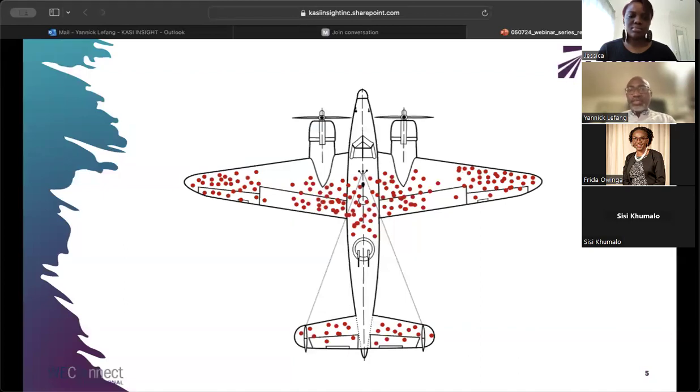And so there was an analysis done to understand the impact of these bullets on the plane, and what to do to really make the plane better and more resistant. So if I ask you, if you were the mechanics looking at this plane coming back, how would you make the plane better for the next mission, given what you're seeing?